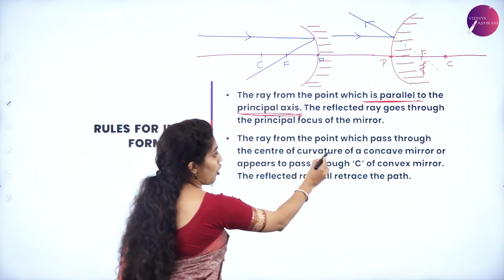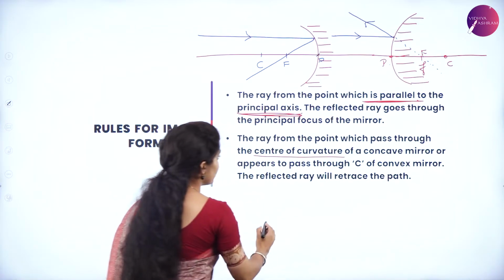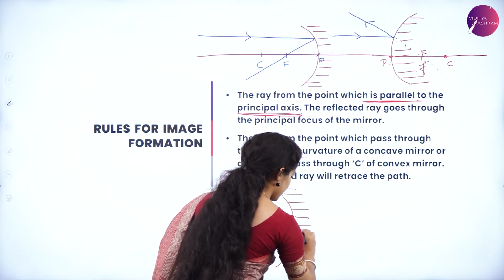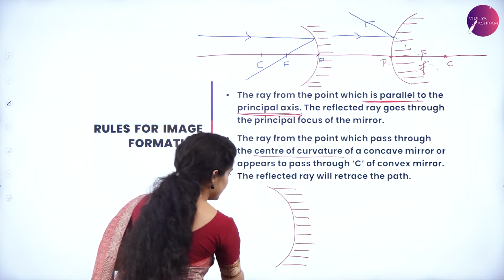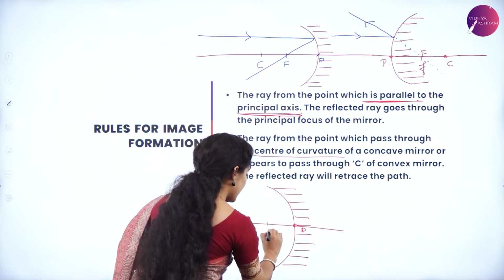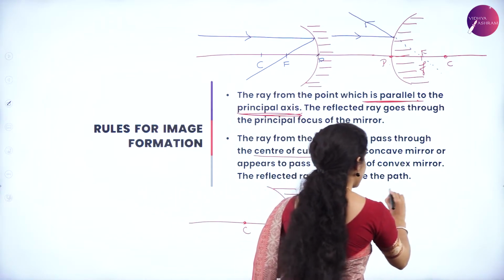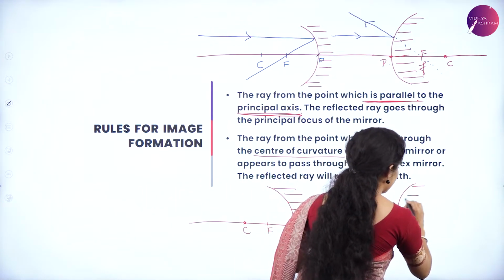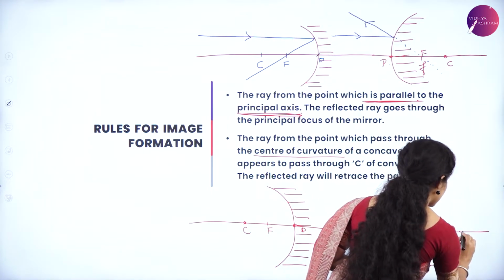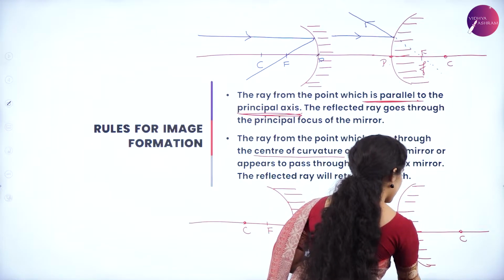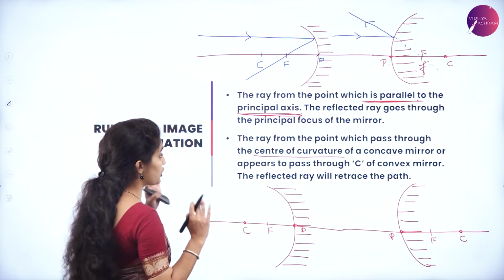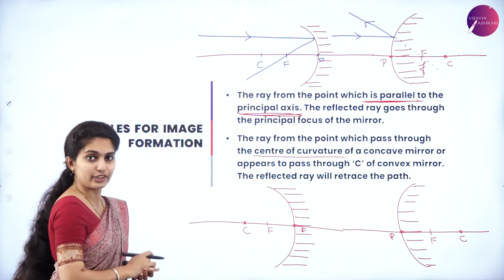Here we have a concave mirror with the principal axis, this is the pole, this is the center of curvature, and this is the focal length F. And here again we have a convex mirror which is silvered on one side, and we have the principal focus, center of curvature, and the pole, with F between those two. So we have to see the image formation when the incident light falls on the center of curvature.